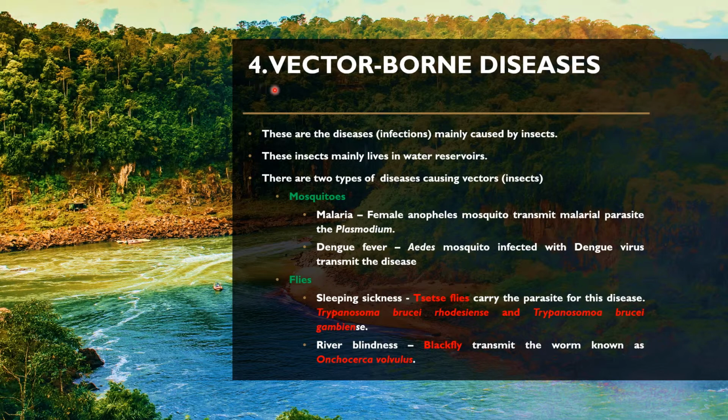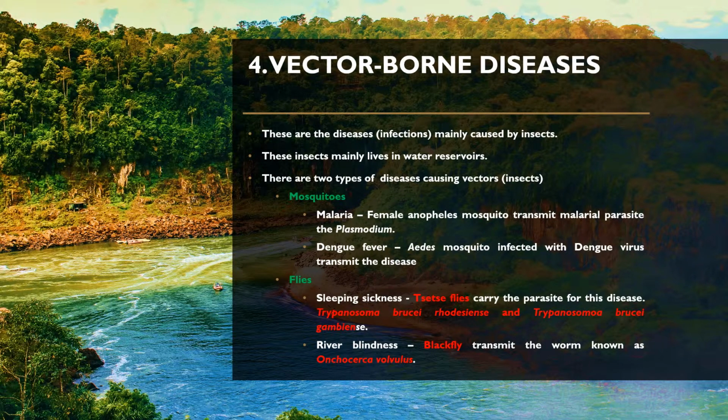Now we are going to discuss the fourth type of diseases, which is vector-borne diseases. These are the diseases which are mainly caused by insects. These insects mainly live in water reservoirs. There are mainly two types of vectors: mosquitoes and flies. Mosquitoes are the reason for malaria and dengue fever.